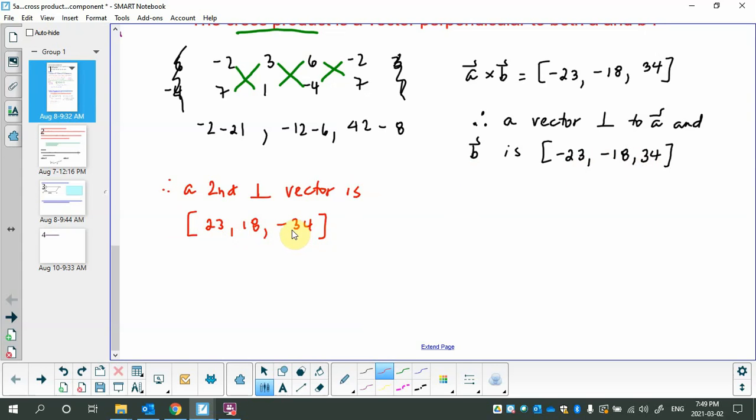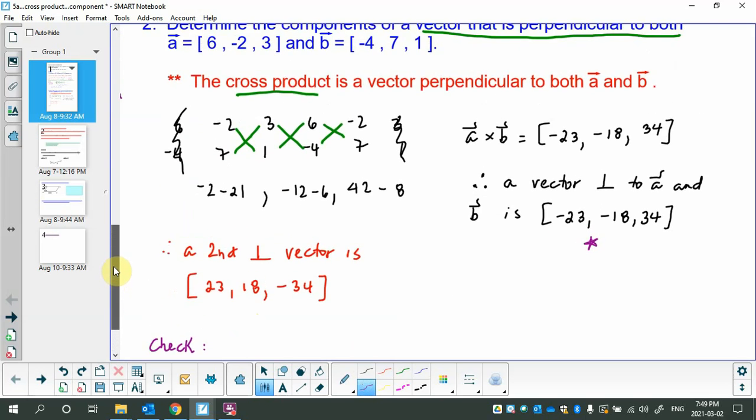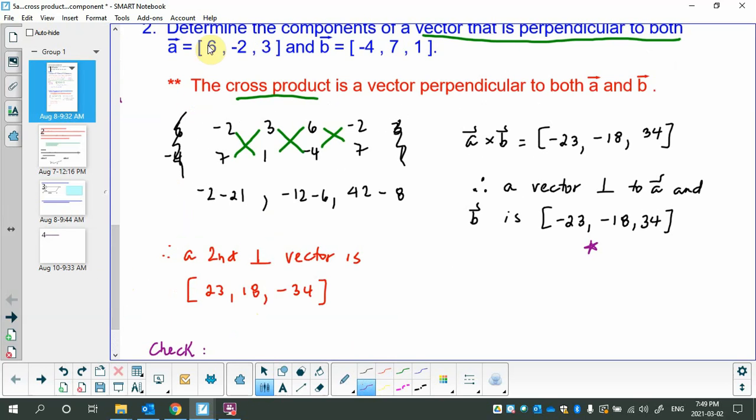Don't miss a spot. Now, I do want to remind you that there is a way that you can check your work, and I'm going to check it with this one, just so you know. Because I don't want you to lose the fact that all this stuff kind of fits together. We've got a vector 6, negative 2, 3. And we have created this vector negative 23, negative 18, 34.